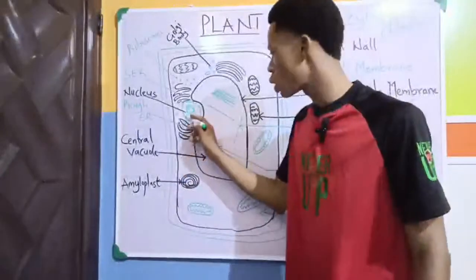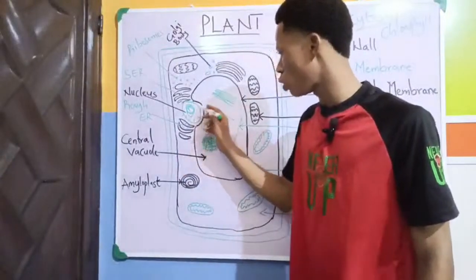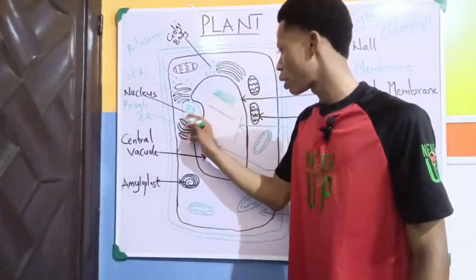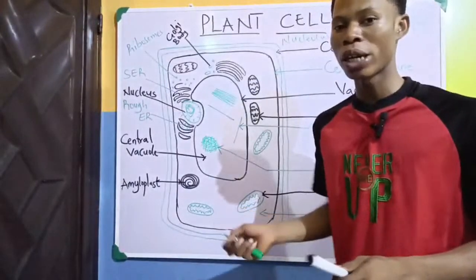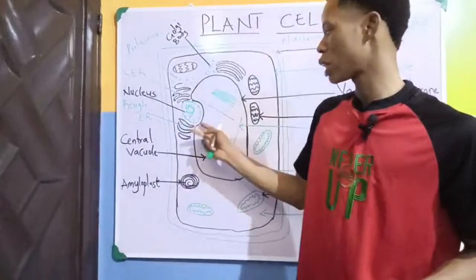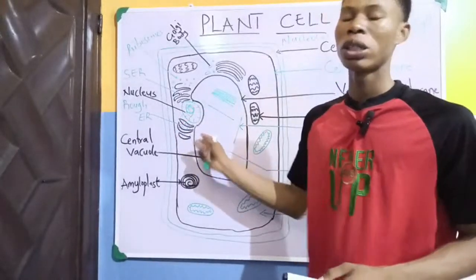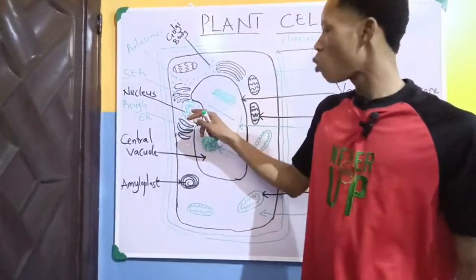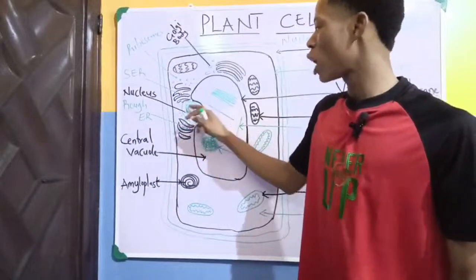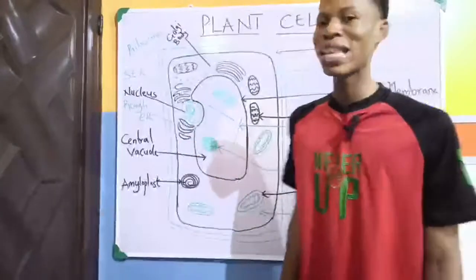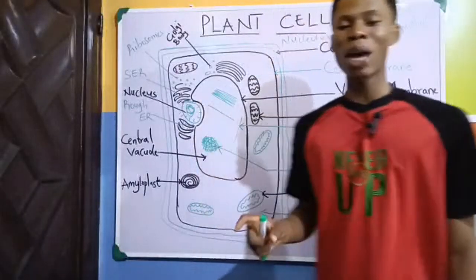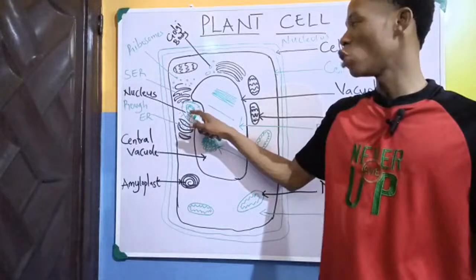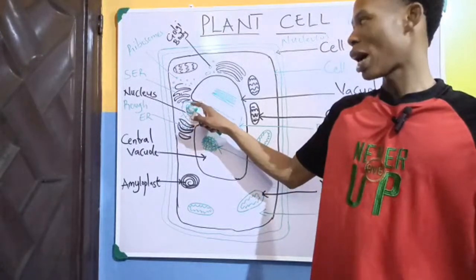So the holes in the walls of the nucleus are called the nuclear pore, and that nuclear pore in the nuclear membrane allows some substances into or out of the nucleus. Now, this nucleolus is the site where ribosomes are manufactured. So ribosomes are manufactured where? In the nucleolus, and they are sent out.